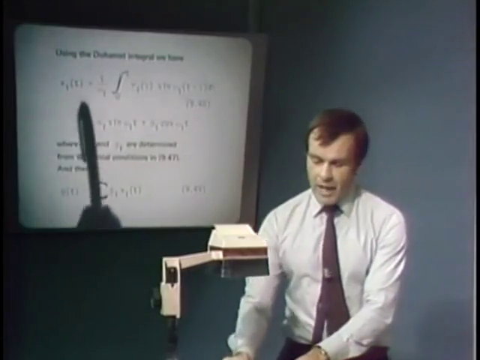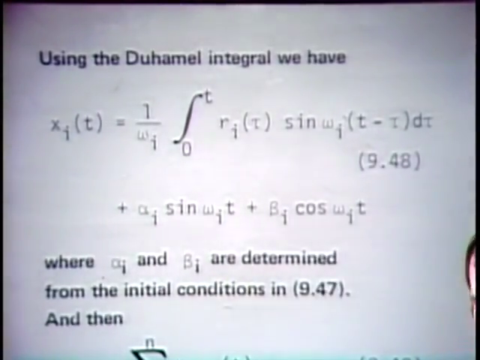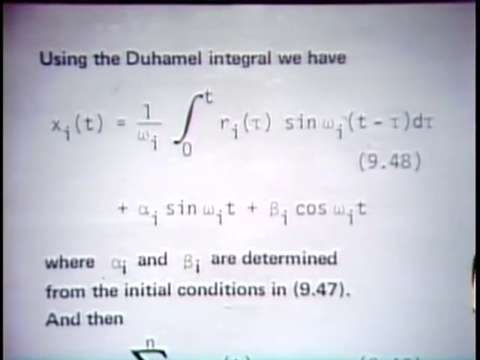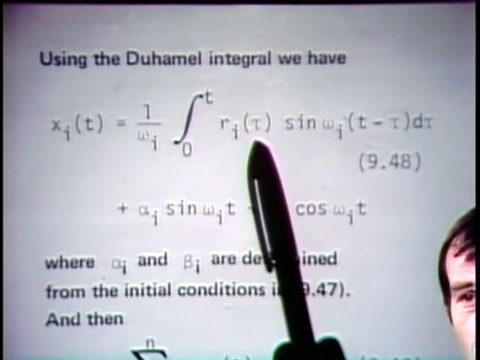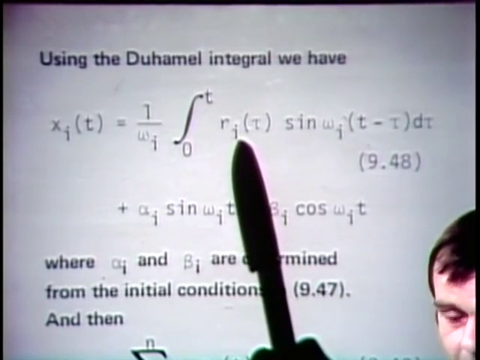Well, we can solve them exactly, for example, using a Duhamel integral formulation, as shown here; x_i of t is given via this relation. And we would, of course, substitute our R_i of tau, which we now assume is given directly.